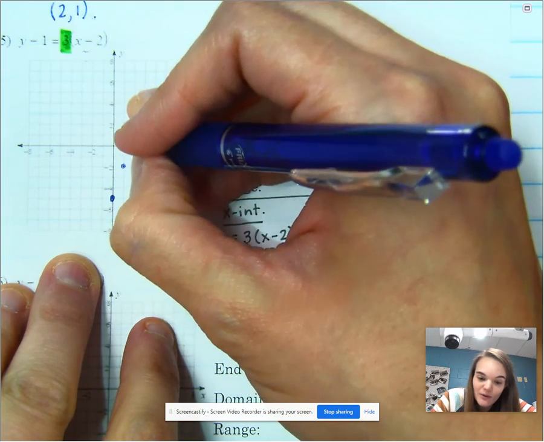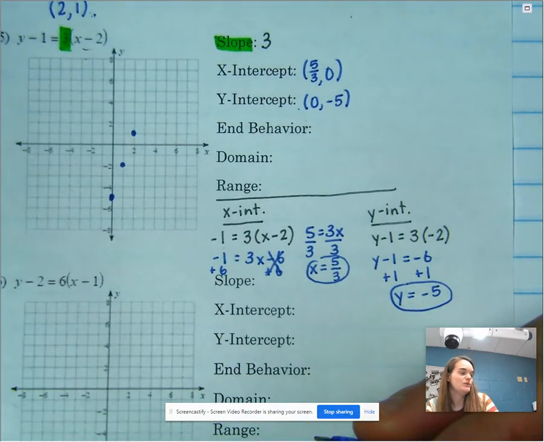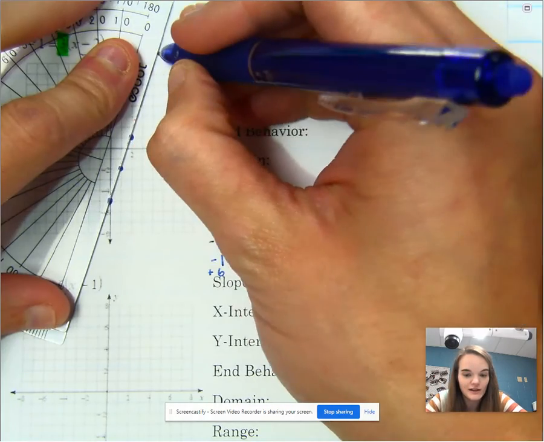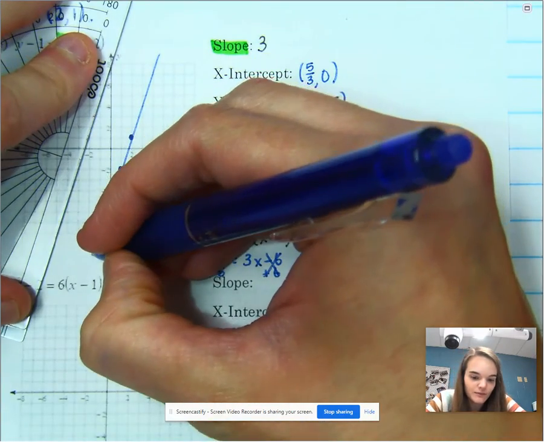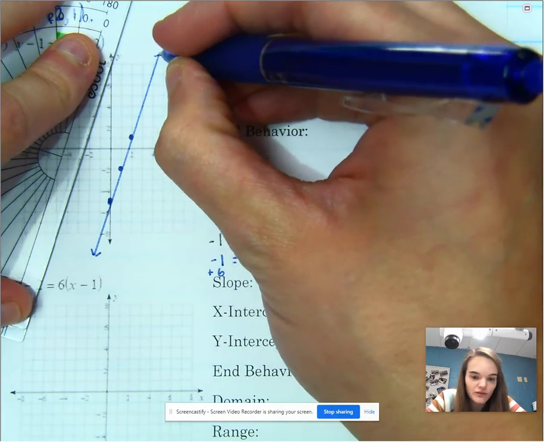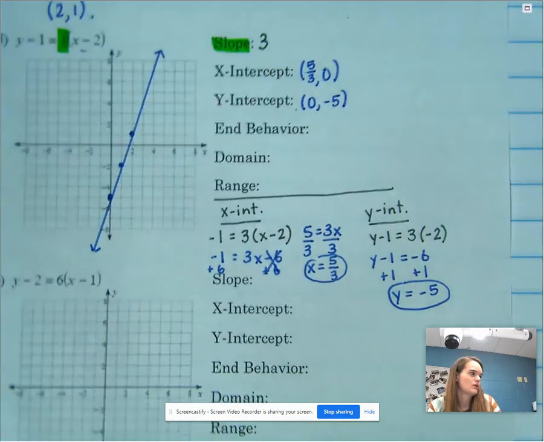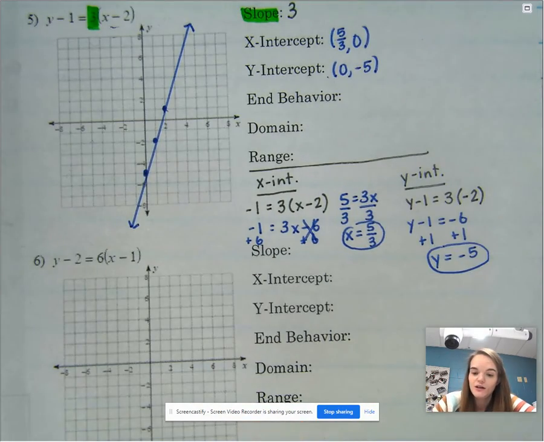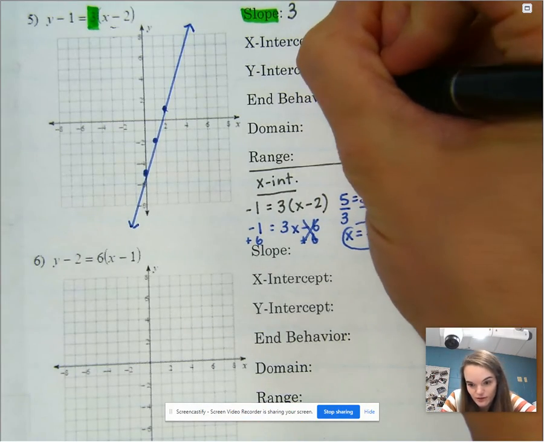Either way, see if I went up 3 over 1, there's that point. I can do any of those options there. I just have to have 2 points to make a line. Then we will talk about the rest of this. Okay, there's our graph. 2, 1 is on that line. Okay, now let's do an end behavior.